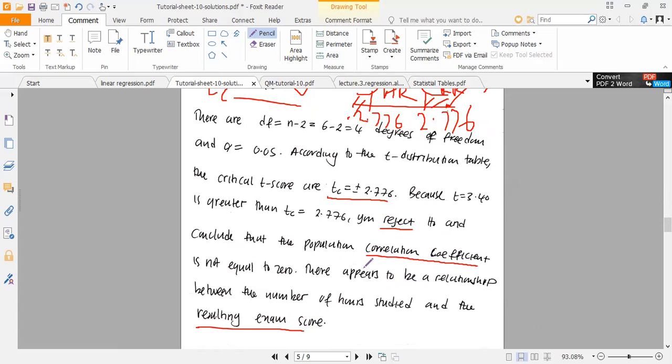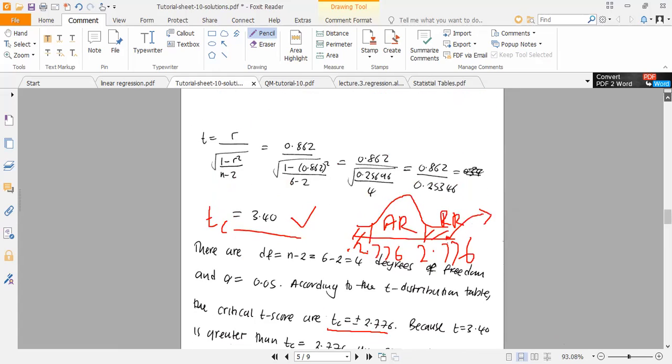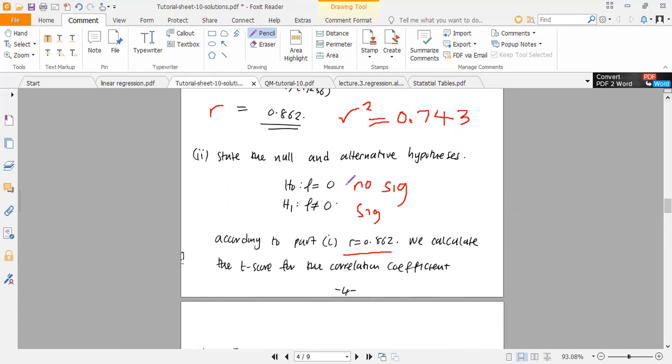So we conclude that the population correlation is not equal to 0. There appears to be a significant relationship between the number of hours studied and the resulting exam score. So I was trying to iterate to you that accepting H0 means there's no significant difference. By rejecting H0, it means yes, there's a significant difference because the slope is not equal to 0.